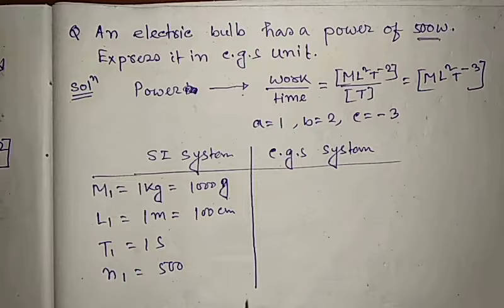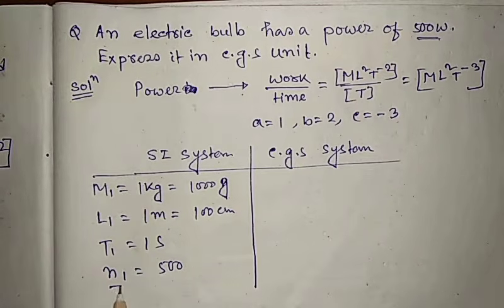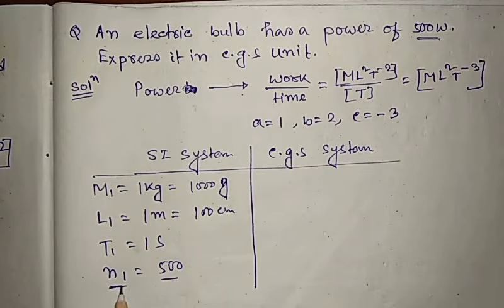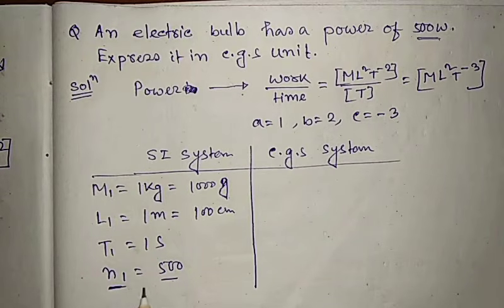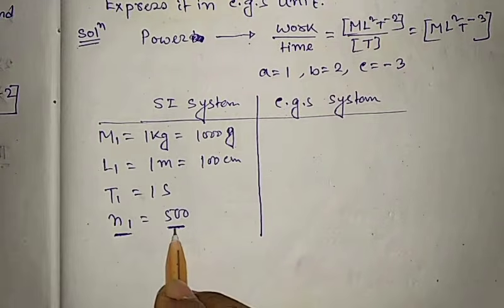Not required to write units. This is the magnitude. Only you have to write here magnitude. N1 U1, this is the quantity, where N1 is the only numerical value, magnitude. U1 is the unit. So N1 means only 500, the magnitude. Okay.